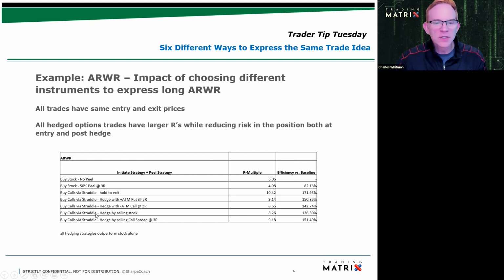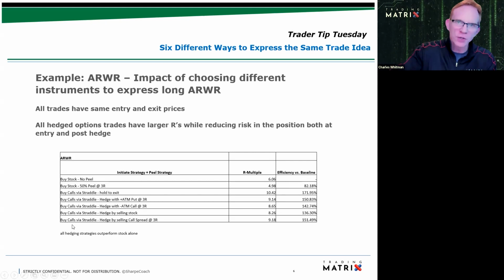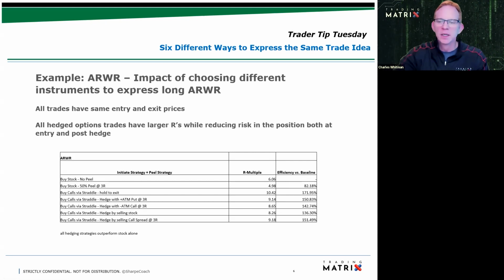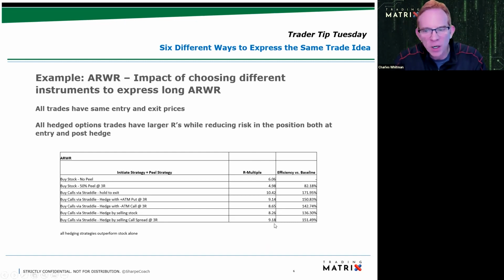We could buy calls and then hedge by selling stock. This gives us 8.26R. Or we could buy calls and hedge by selling a call spread where we sold out the calls we were long and replaced them with higher calls, collecting a credit. This gives us 9.18R. All of these option strategies significantly outperform buying the stock alone.